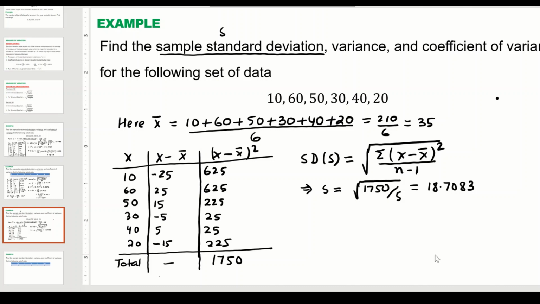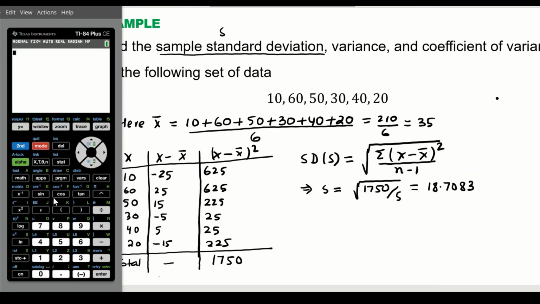You can always verify this work using a TI-84 calculator. So let's quickly try that. In the TI-84, we go to Stat, then Edit, number 1. In list 1, let's enter the data: 10, 60, 50, 30, 40, and 20. Once we enter the data, go to Stat, then Calc, and number 1.